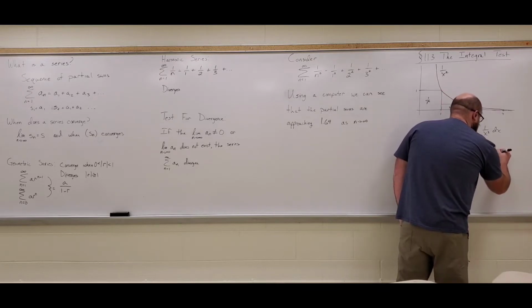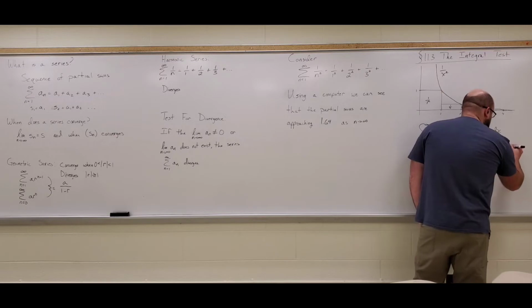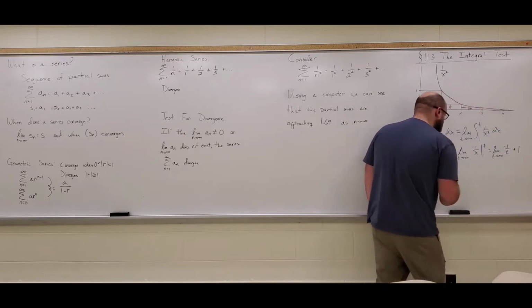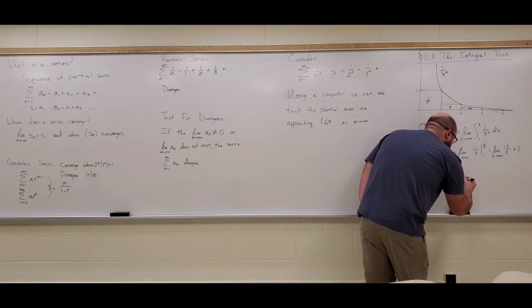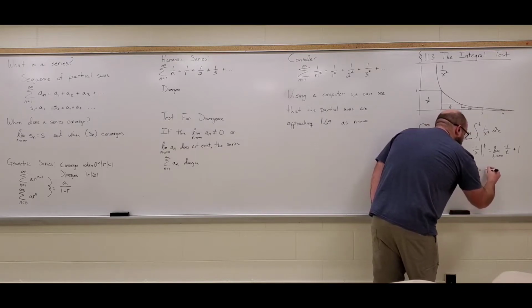So I'm going to get the limit as t approaches infinity of negative 1 over t plus 1. A better way to write that is the limit as t approaches infinity of 1 minus 1 over t, which is equal to 1.